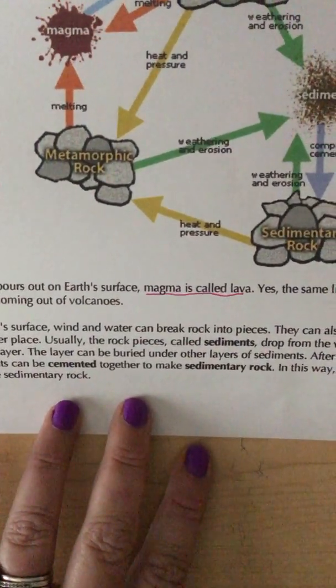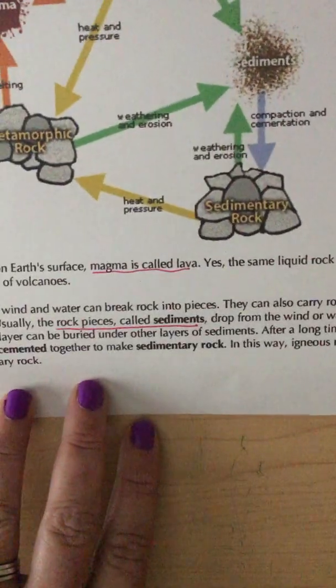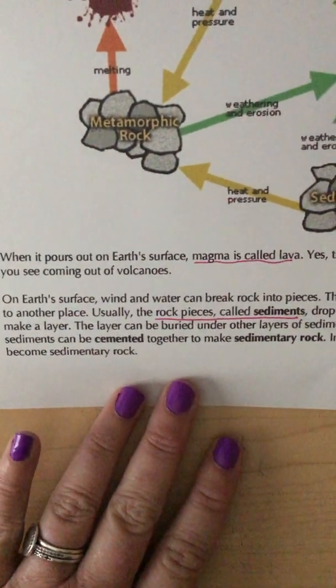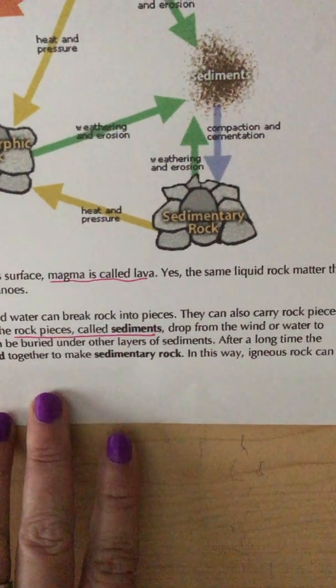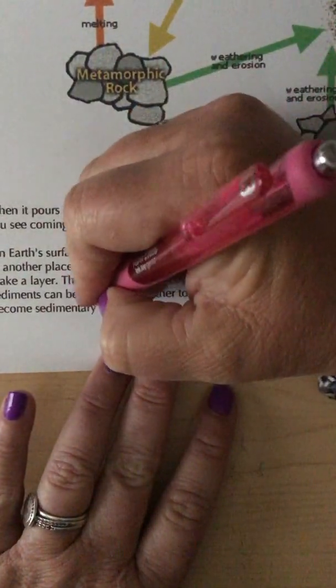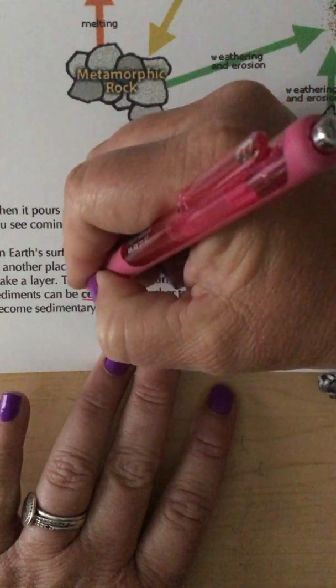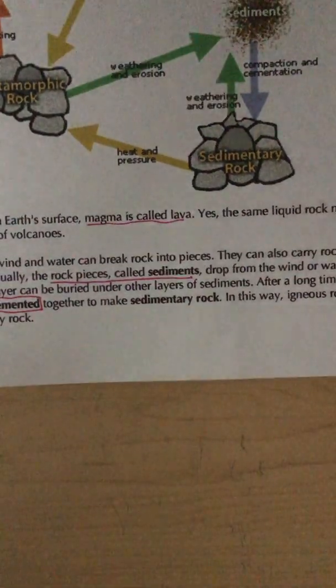Usually, the rock pieces, called sediments, drop from wind or water to make a layer. The layer can be buried under other layers of sediment. After a long time, the sediment can be cemented, hopefully that word sounds familiar, together to make sedimentary rock. In this way, igneous rock can become sedimentary rock.